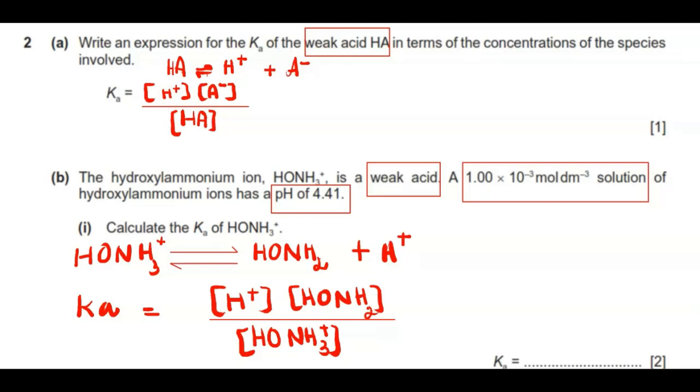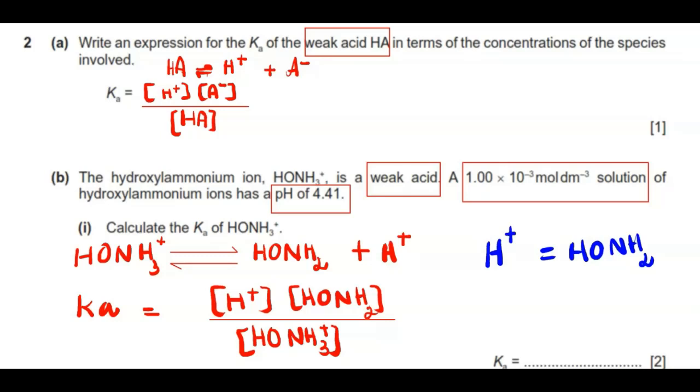And you know, the most important assumption in a weak acid is that we consider the hydrogen ion concentration and the HONH2 concentration to be equal.